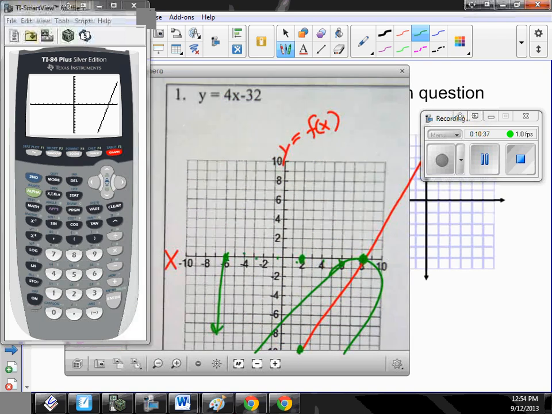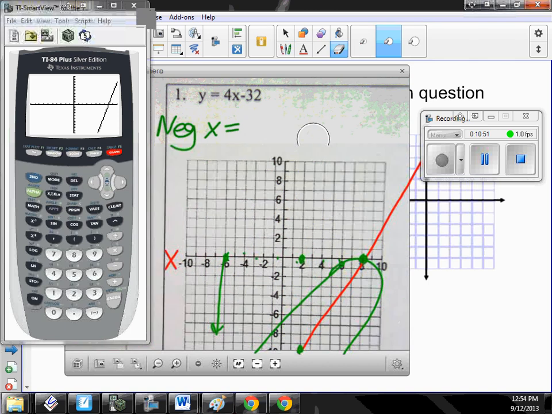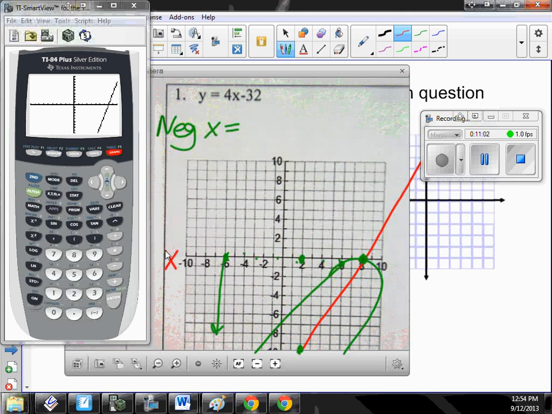So I now need to write the interval of x's that will create negative values on the graph. So negative values come when x equals what? What x's create negative numbers? 7 does, 6 does, 5 does, 4, 3, 2, and 1.